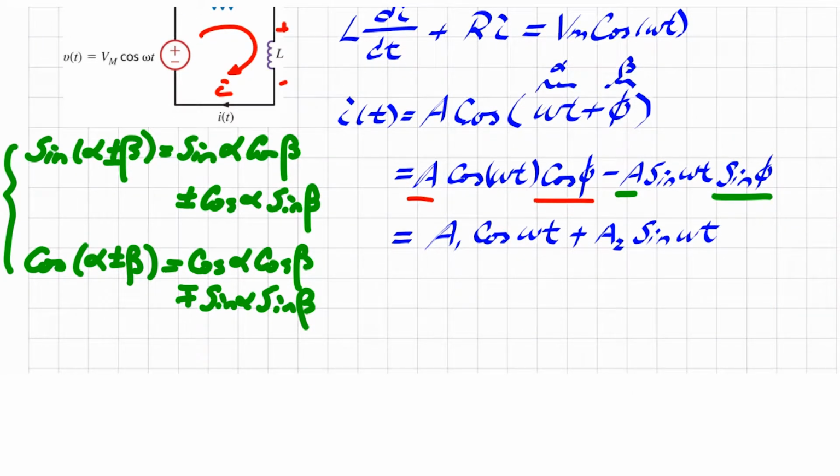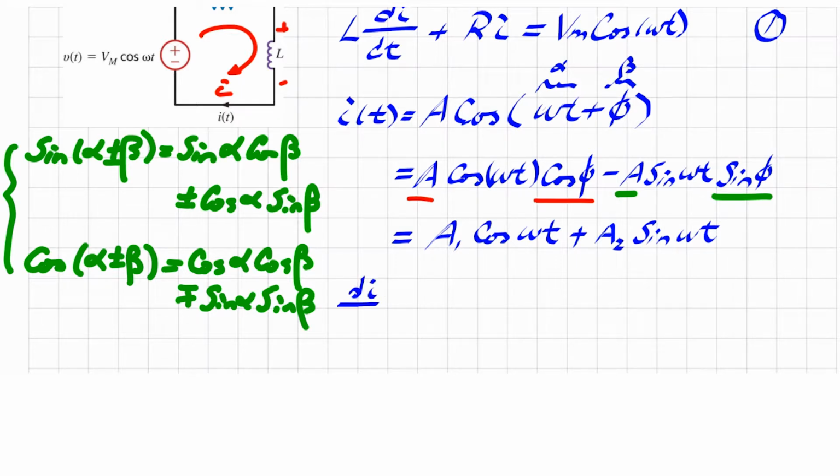So now we want to try that solution and see if it's reasonable. From the original differential equation, equation 1, we want to figure out what they are equal to. First we need the di/dt.